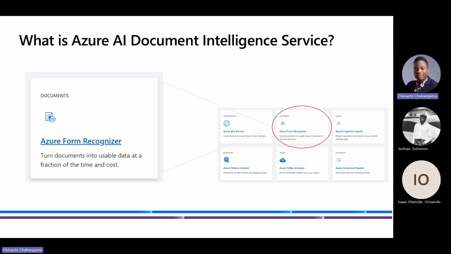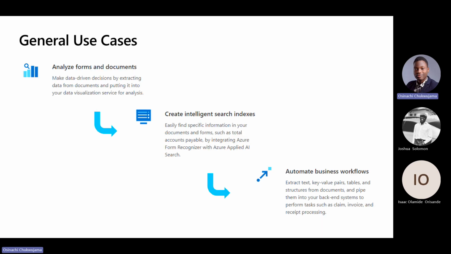So it allows you to extract text the same way you extract text from a picture you take with your phone. If you're using an iPhone, this should be seamless. It's the same thing that will happen, but this will happen on Azure Cloud, right? So the general use case is for analyzing forms and documents. Imagine you go to a hospital and you're given a form to fill out using pen and paper.